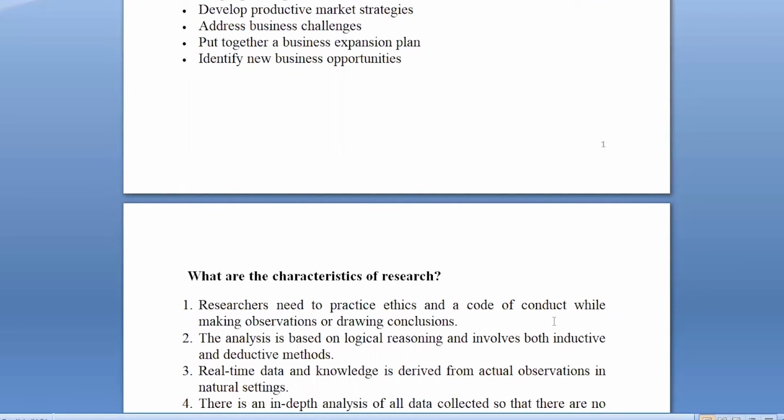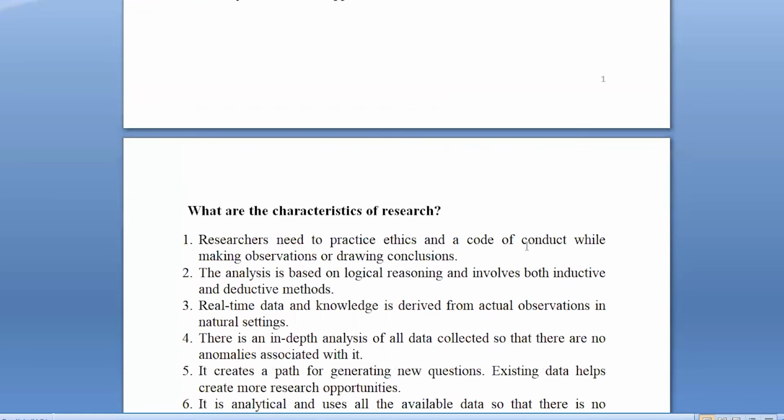Researchers need to practice ethics and a code of conduct while making observations or drawing conclusions. The analysis is based on logical reasoning and involves both inductive and deductive methods. Real-time data and knowledge is derived from actual observations in natural settings.